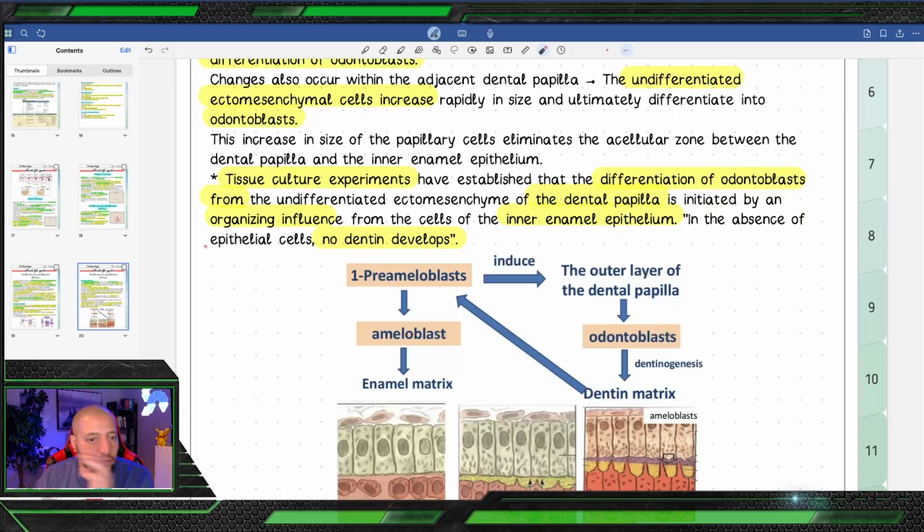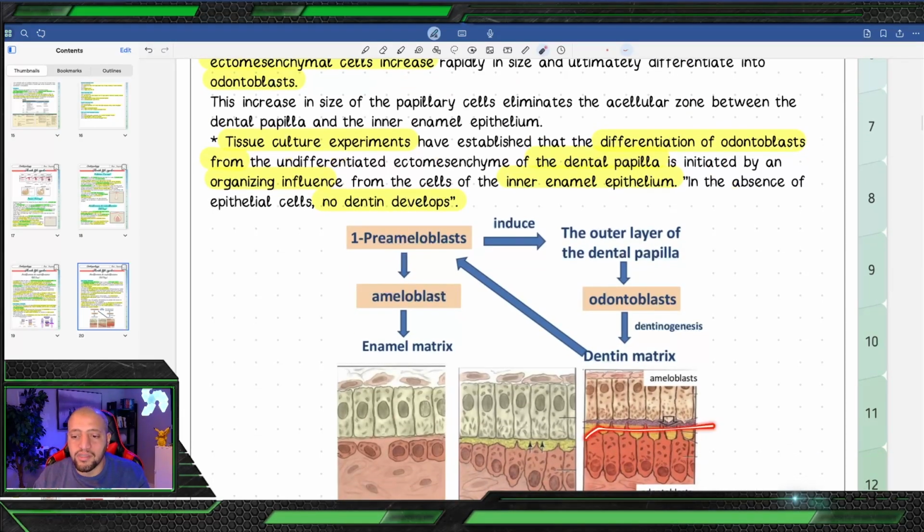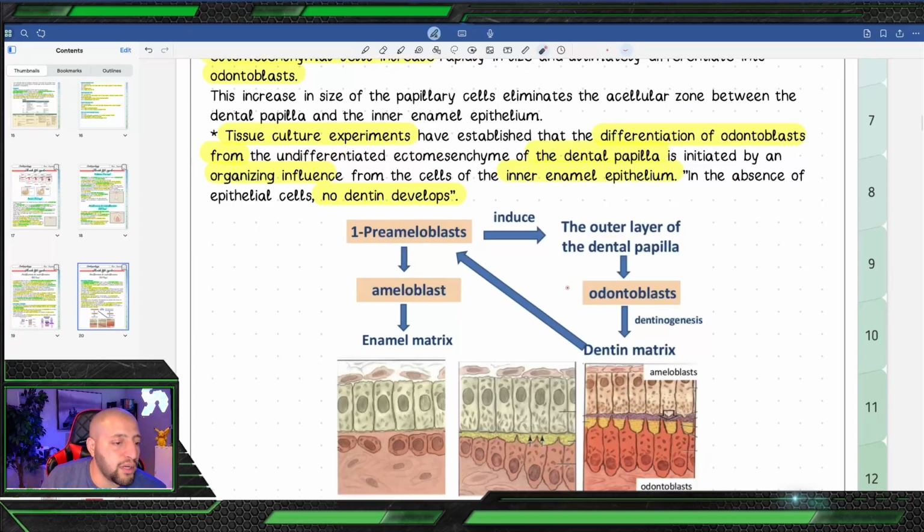In the absence of epithelial cells, which is inner enamel epithelium, no dentin develops. So they removed this inner enamel epithelium from the dental papilla. When they removed it, this process didn't happen at all. So when this process didn't happen, they thought about this reciprocal induction.